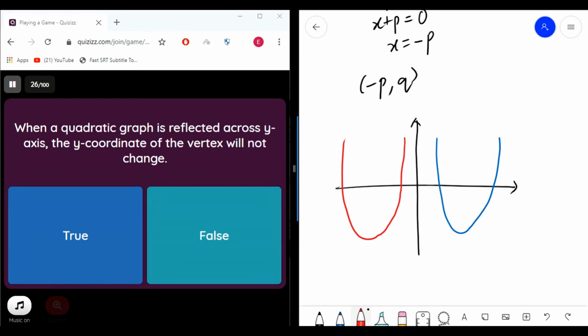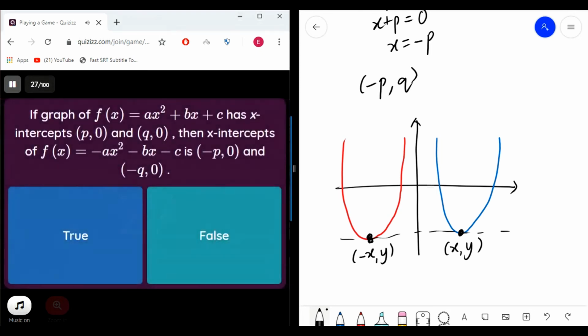As you can see, for the vertex here, the x-coordinate will become negative. If this is (x, y), then yes, the x-coordinate will become negative x because this part here is negative, right? But the y-coordinate will not change. It is still here, same y-coordinate. Alright, so the statement is true.